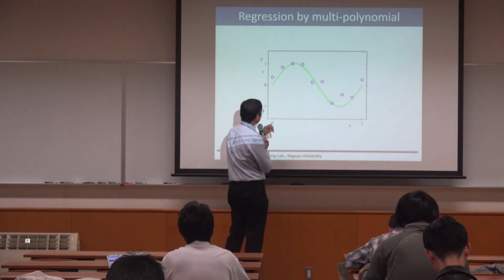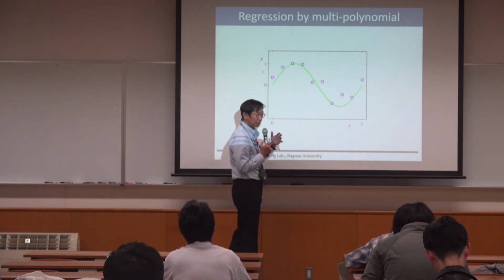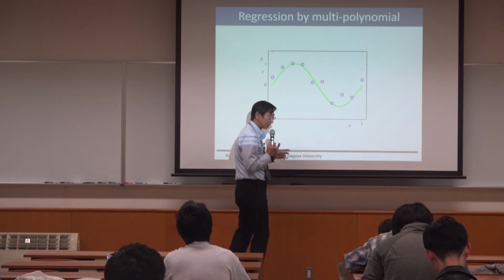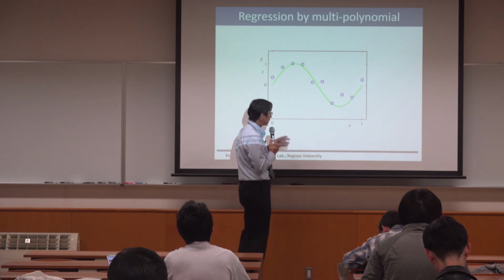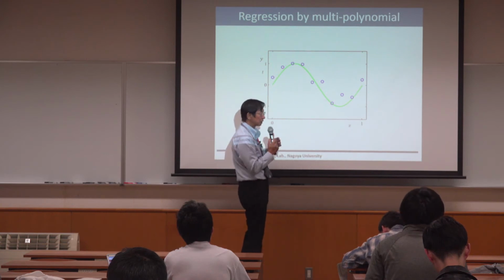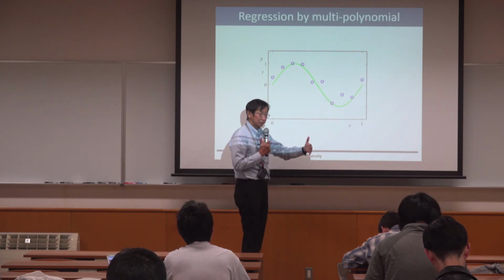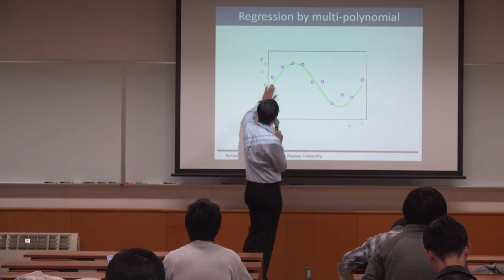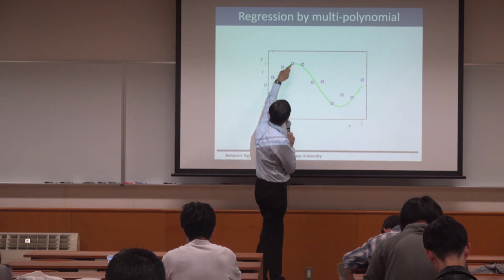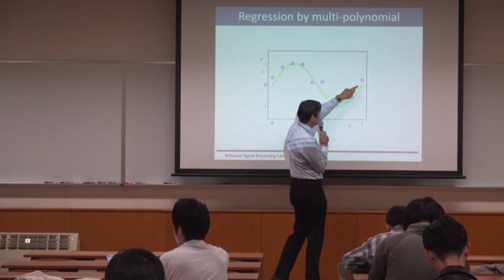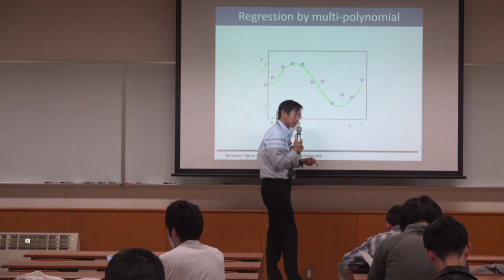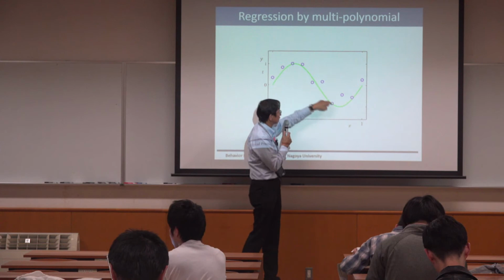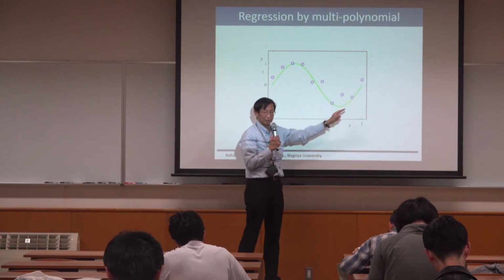Okay? Even if we can easily solve that equation, it is not always a good idea to use a longer equation to regress the data. For instance, in this case, we have 1, 2, 3, 4, 5, 6, 7, 8, 9 points as an observation of the sinusoidal ideal data.